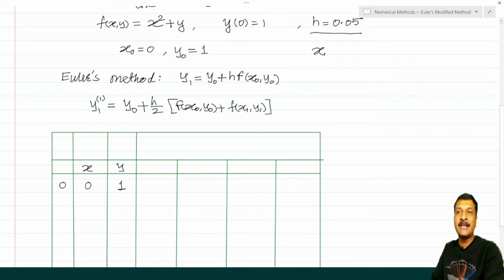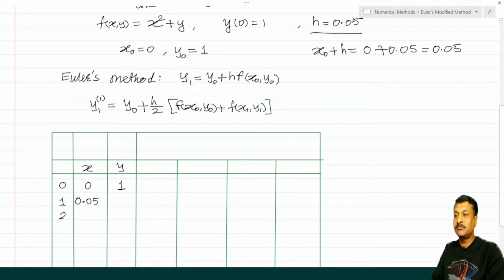It means x0 plus h, which is nothing but x0 is 0 plus 0.05. So I will get here 0.05. So here x equals 0.05. That is our first, it will be x1. y1 we will find this one.